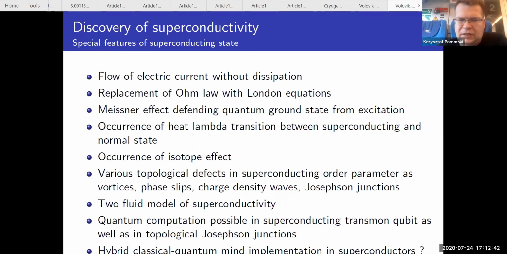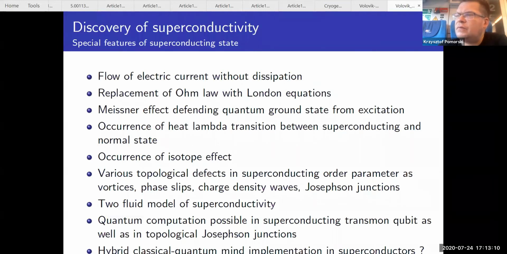We have various topological defects in the superconducting order parameter, and they can be utilized for the purpose of information processing. So, for example, rapid single quantum flux electronics is using the presence of a vortex in a superconductor as logical state 1, and its lack as logical state 0.